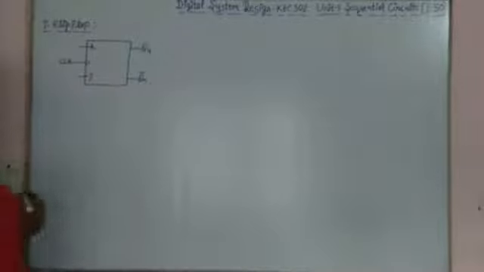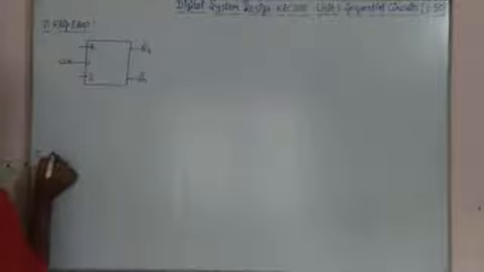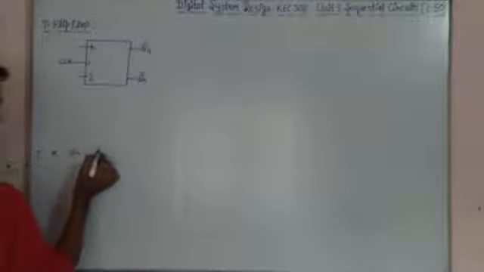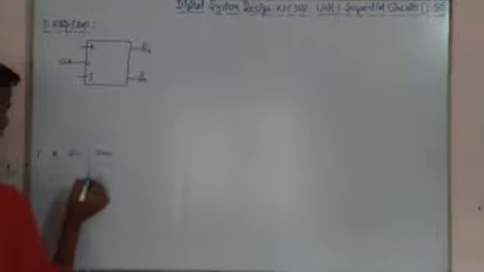And the truth table for this JK flip-flop: J, K, Qn, Qn plus 1.